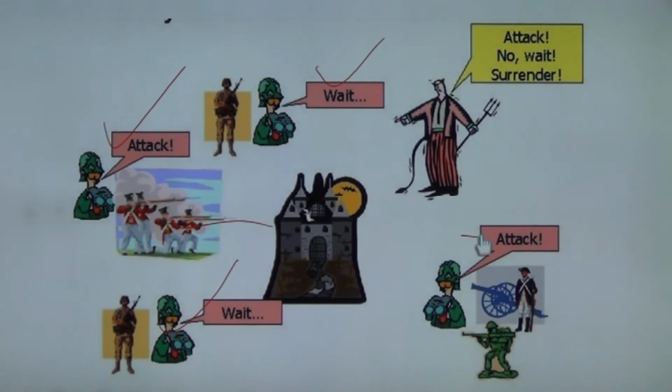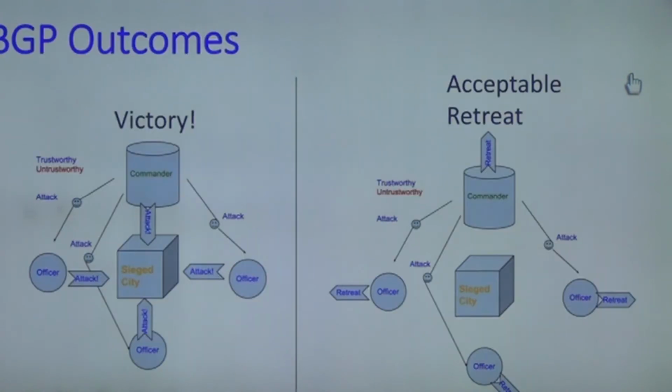It's not a well coordinated attack, and the only way for the commander to send messages is through the messengers, and the messengers can be compromised, messages can be compromised. So among attack, wait and surrender, they need to just decide how to do this.